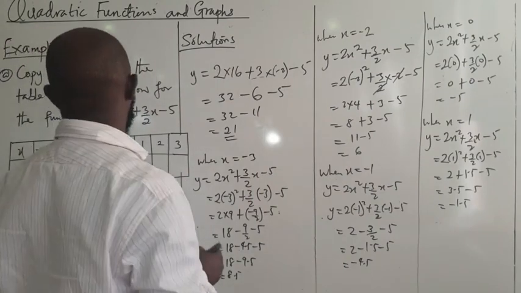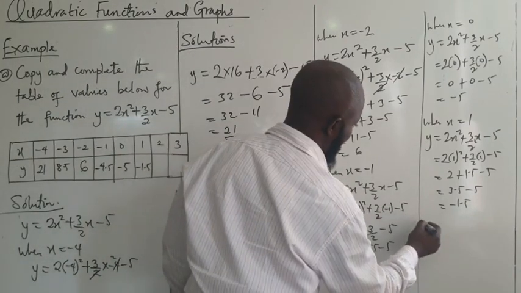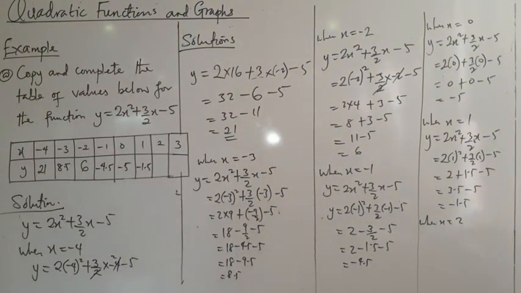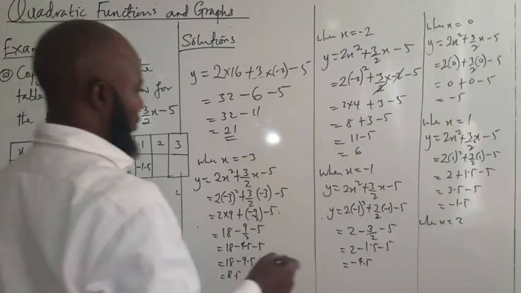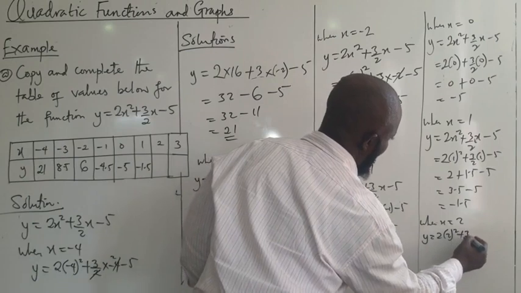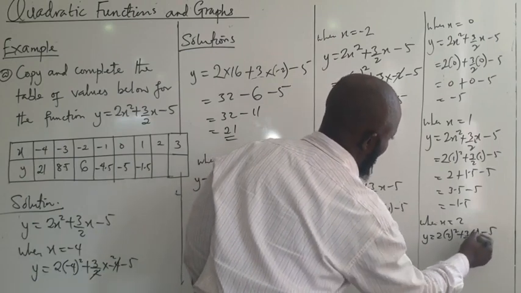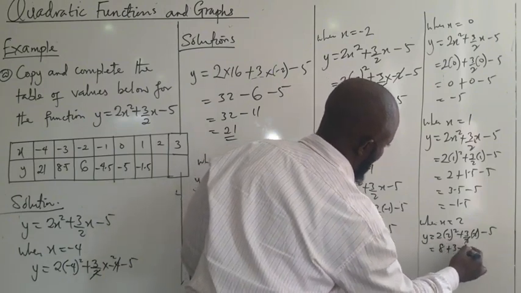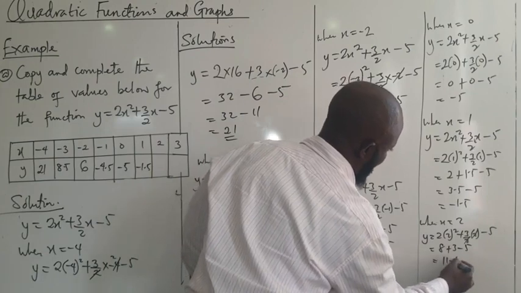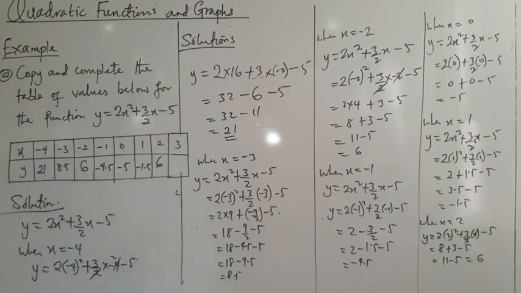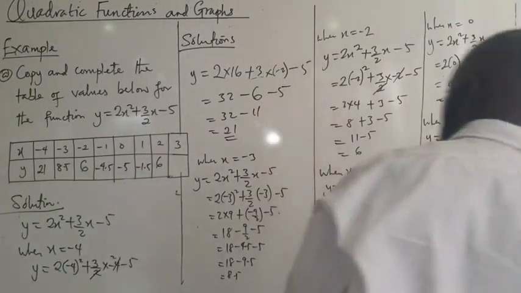So we do the same thing when x is 2. When x is 2, y equals 2 into 2 squared plus 3 over 2 into 2, minus 5. These two cancel these two. So this is 4 times 2, that is 8, plus 3 minus 5. So this will give us 11 minus 5, and that gives us 6. I hope I'm making sense. So the last one, which is 3, let's solve it here.